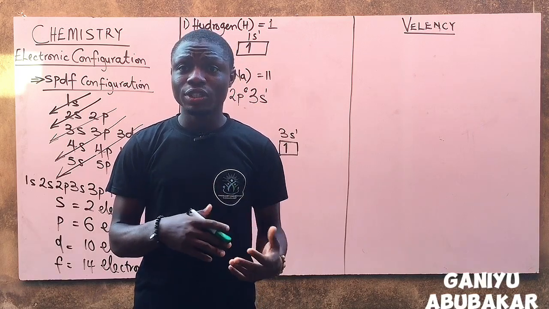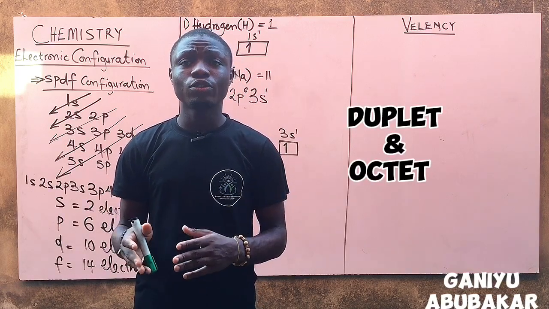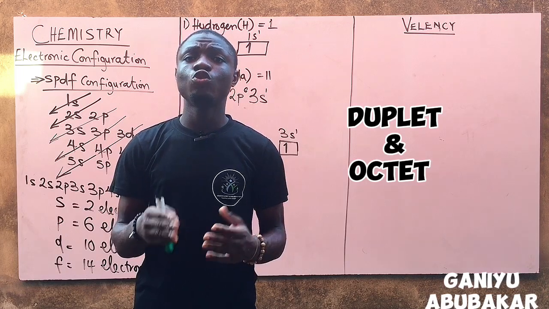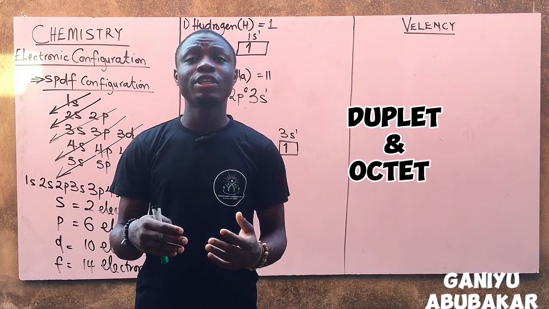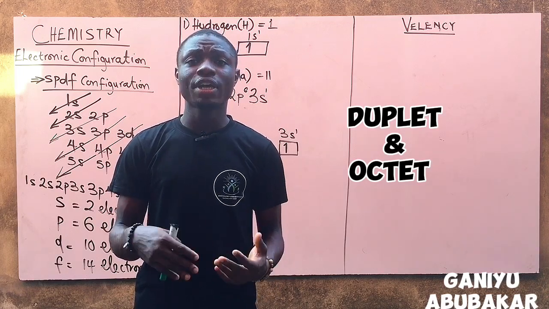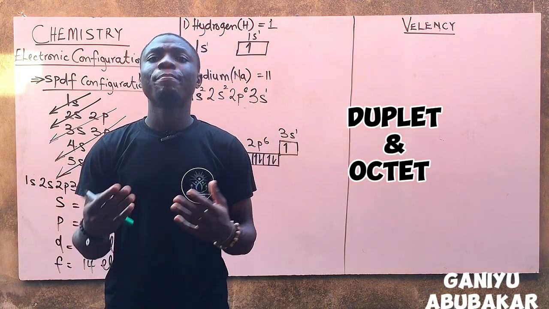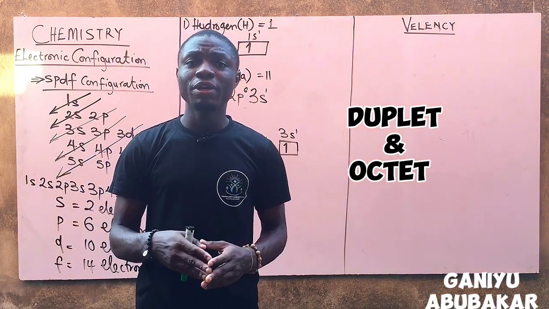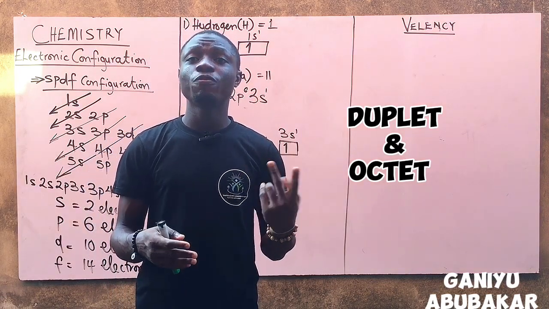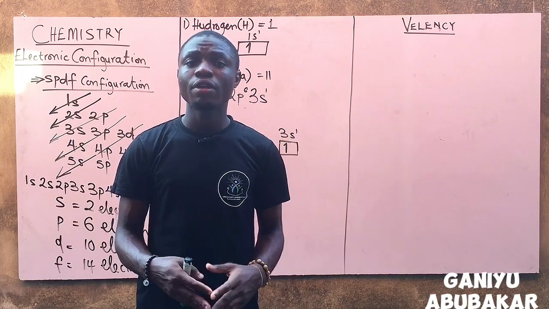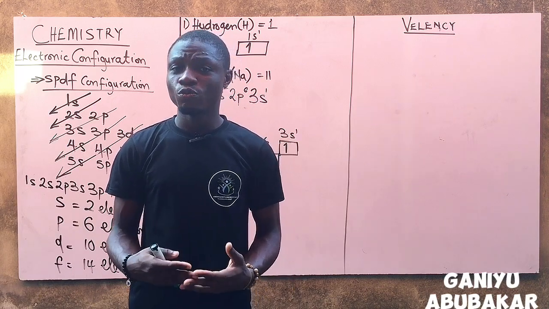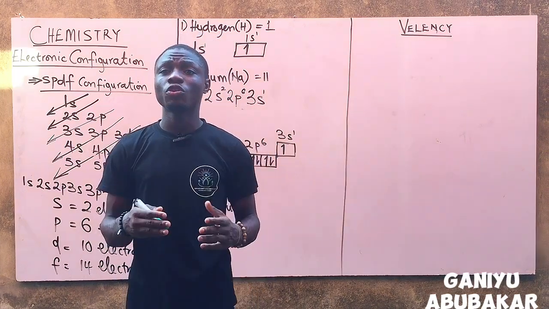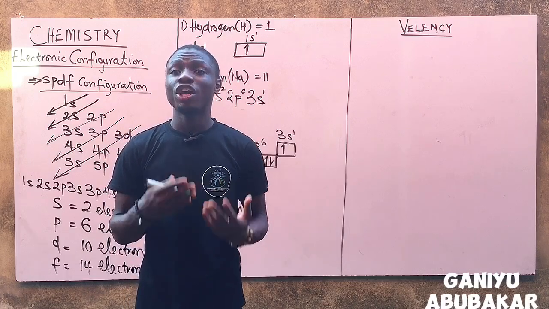It is important to note that for an atom to be stable, it must be either duplet or octet configuration. By duplet configuration, we mean it must have two valence electrons. By octet configuration, we mean it must have just 8 valence electrons.